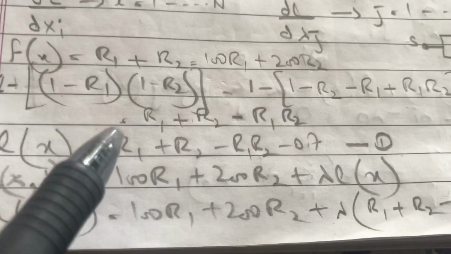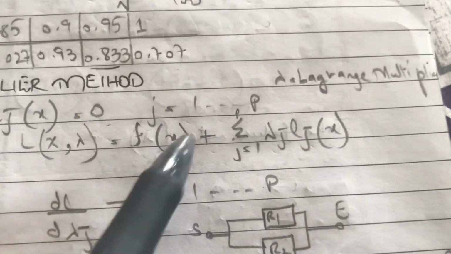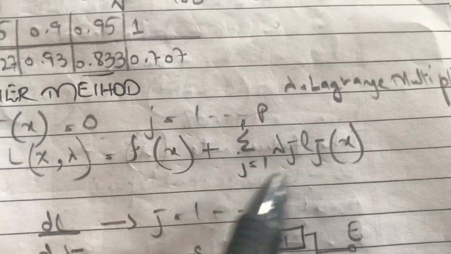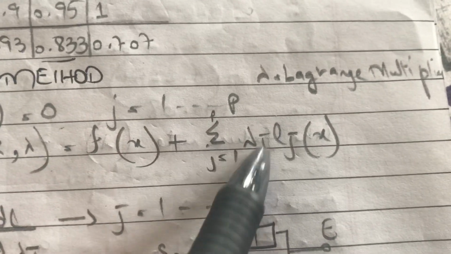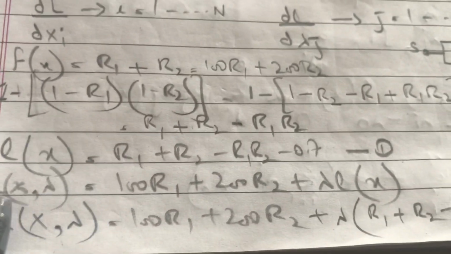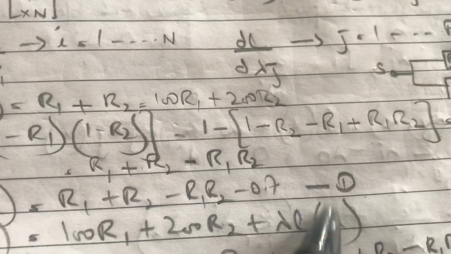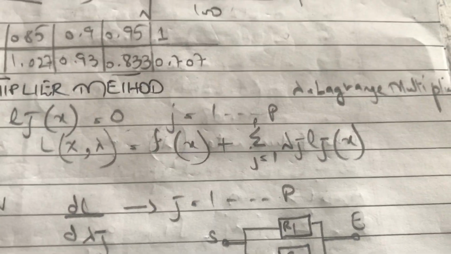So it comes here in the place of f of x, plus the sum, which can be written as lambda j of x, j going from 1 to p. Sorry, lambda L of x, because we now have L, the Lagrange function.